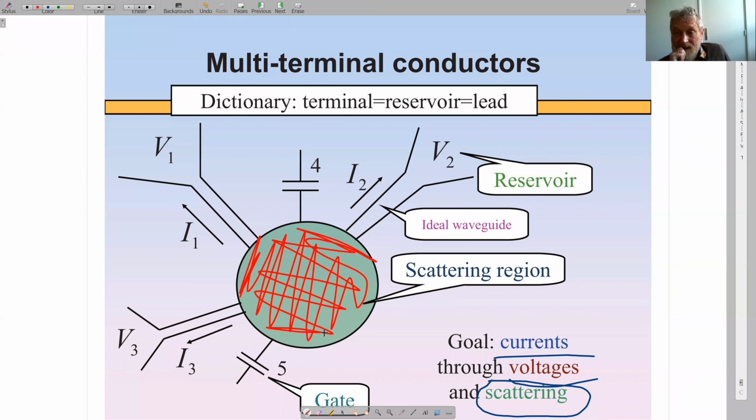So we have a scattering region here to describe any nanostructure. What's important is how it is connected to the outside world, and what you measure. So it is connected to 3 leads or terminals or reservoirs, whichever word you find more elegant.